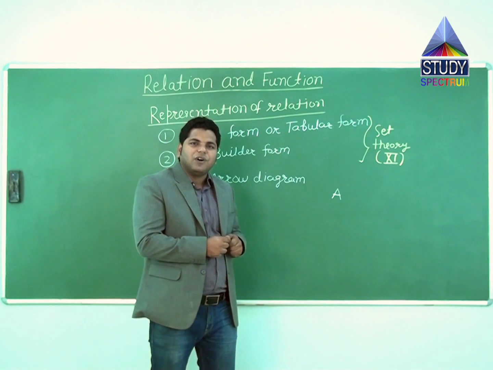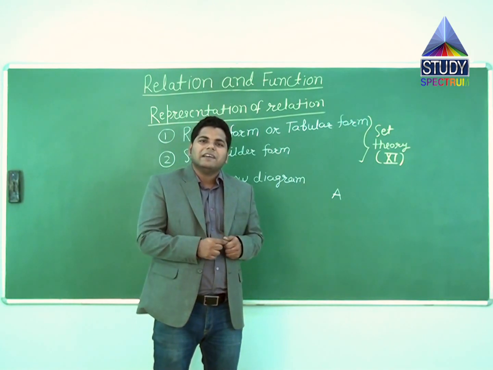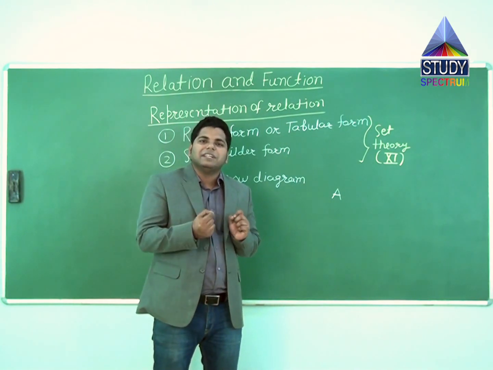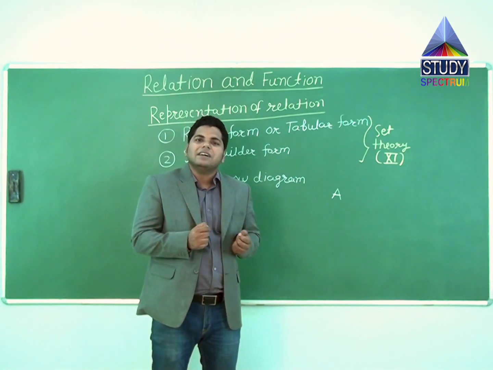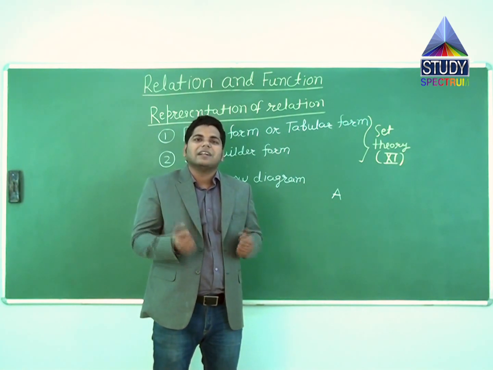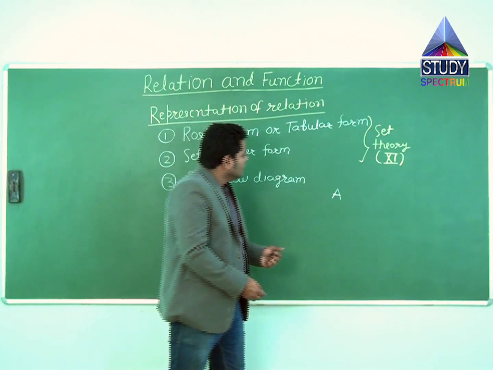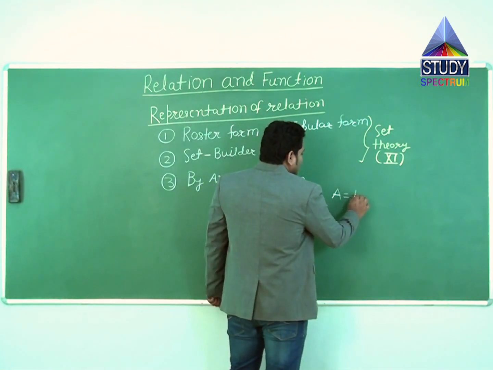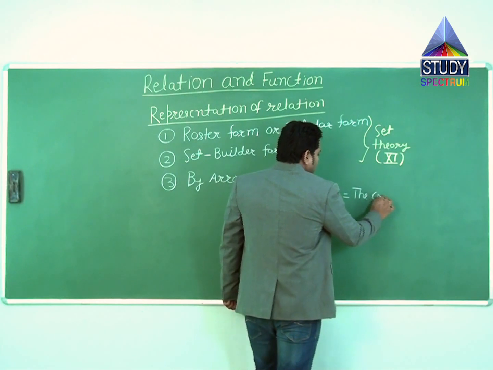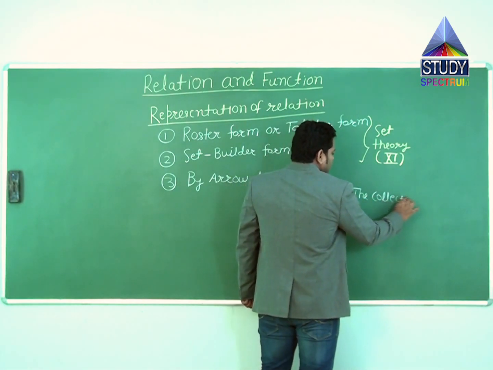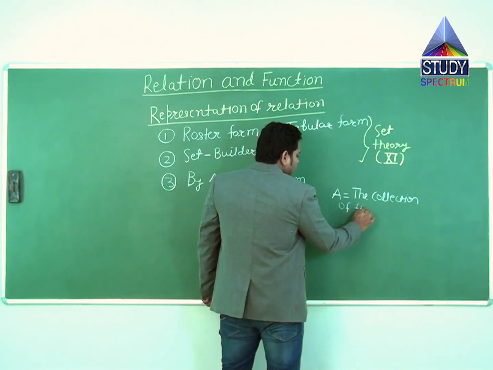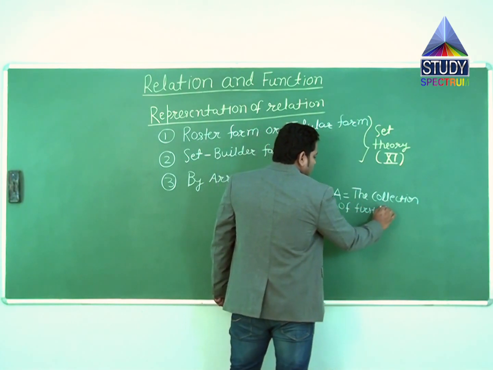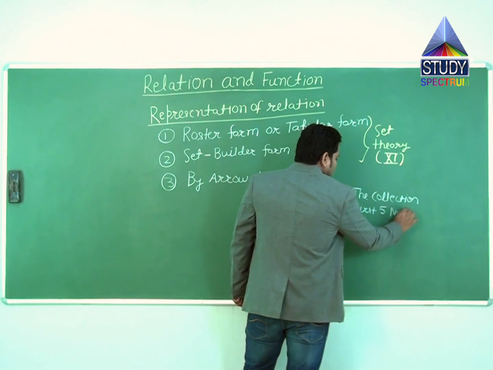So in tabular form or roster form, we list each and every element separated by commas, and we put all of this in curly brackets.